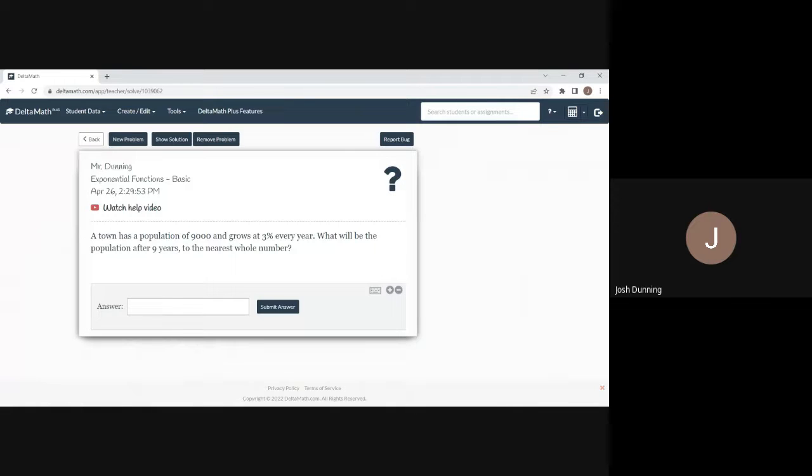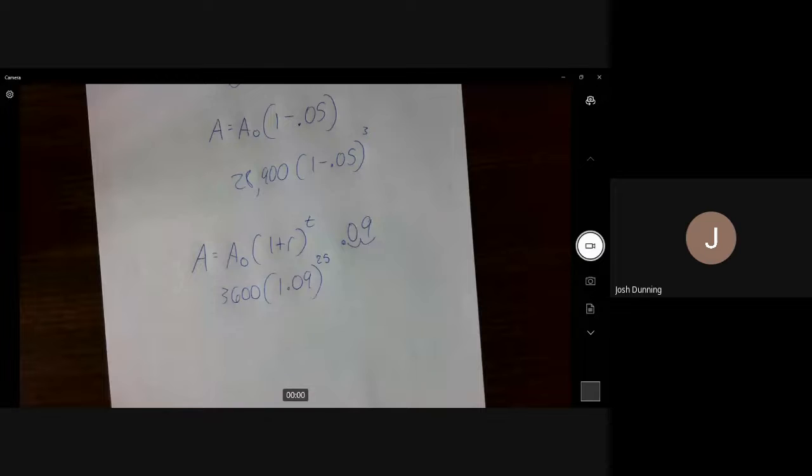The next one, a town has a population of 9,000 and grows at 3% every year. What will the population be after 9 years? To the nearest whole number. All right, let's see here. So I'll go back, show you what I wrote down. Population 9,000.